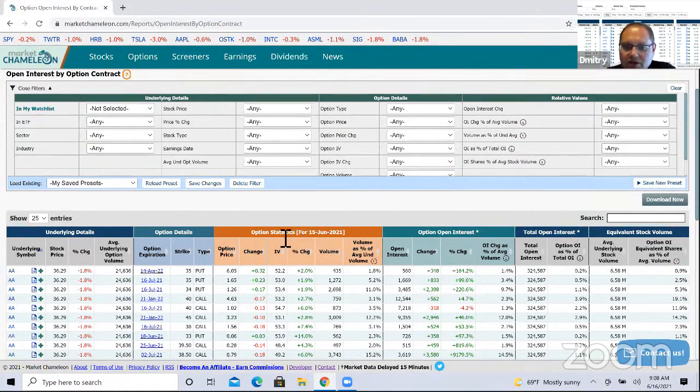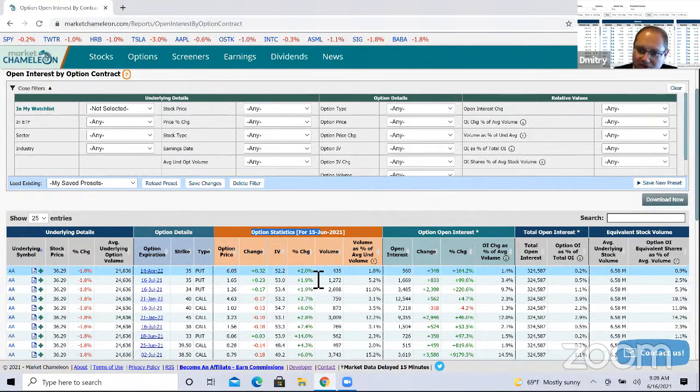Here we look at the option volume, and the option price change on the day. This will start updating after the market opens, on a 15-minute delay, but it'll run on a timer and refresh, so this will update during the day.